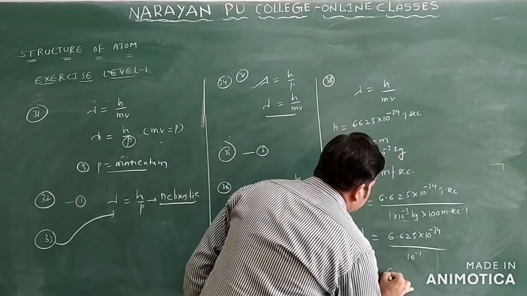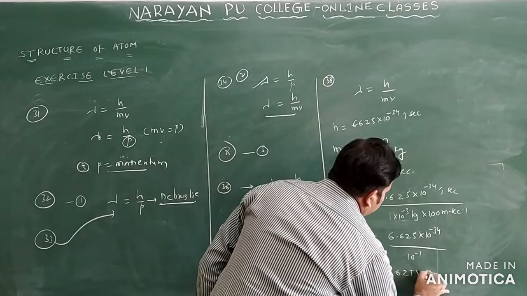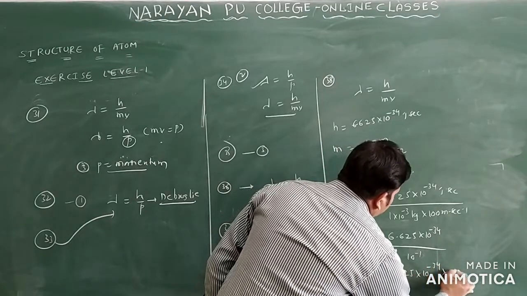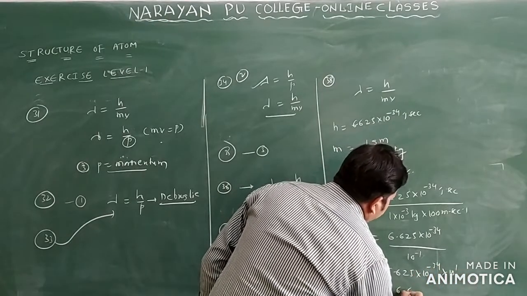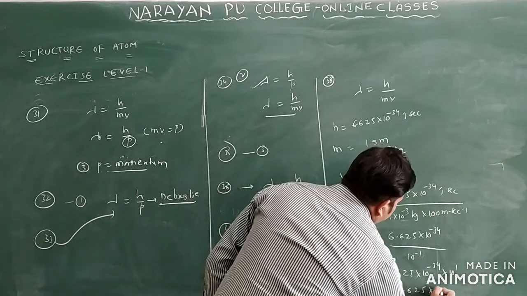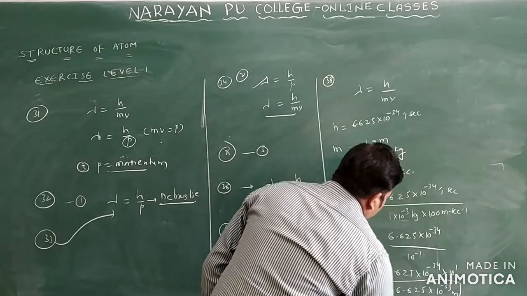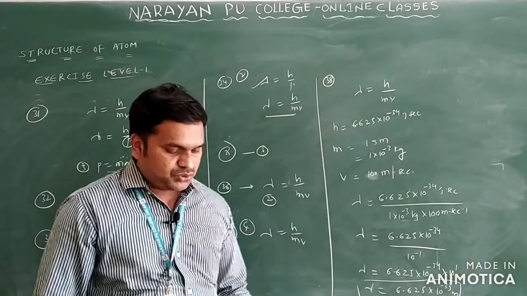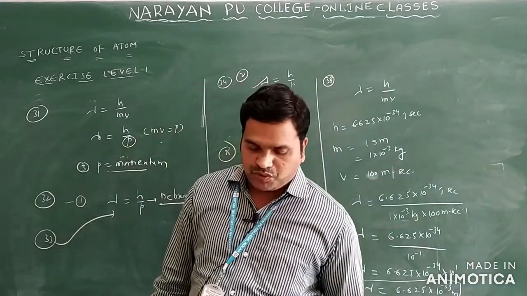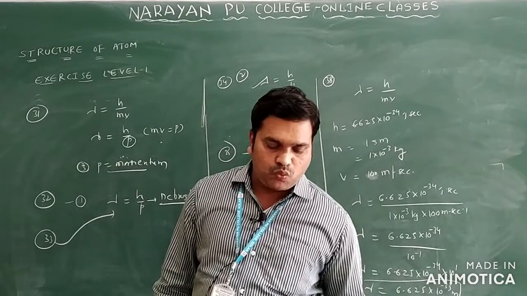I will write this as 6.625 into 10 power minus 34 into 10 power 1 only. So what will I get? 6.625 into 10 power minus 33 meter only. What is your answer for this question? 6.625 into 10 power minus 33 meter. That is option 1 for this question only.